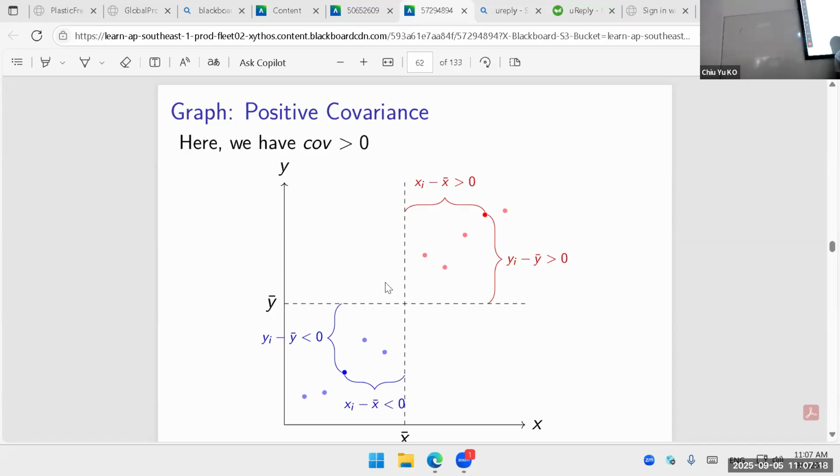This observation is below x bar and below y bar. When they multiply, positive. So every point here is positive. And every point here is also positive because this point is larger than x bar and larger than y bar. So all these points are positive.